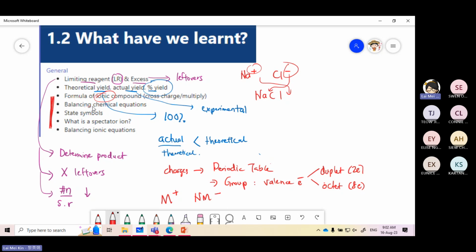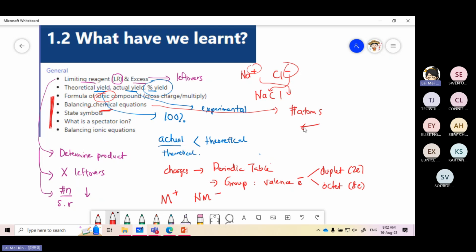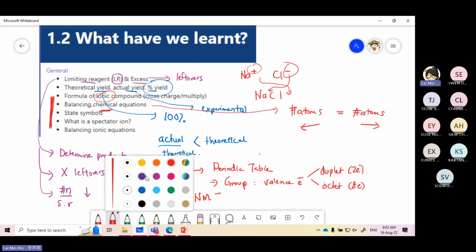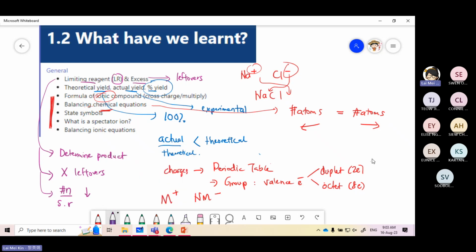And then a balanced chemical equation. Balancing a chemical equation means the number of atoms on the left, the reactant side, must be the same as the number of atoms on the product side. So you balance. Then state symbols. What do you know about state symbols? What are the examples?